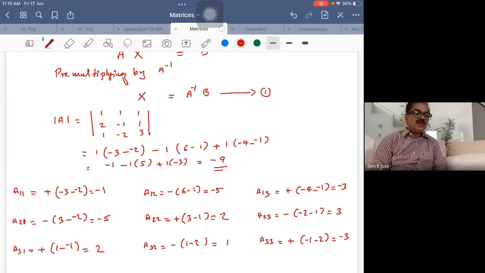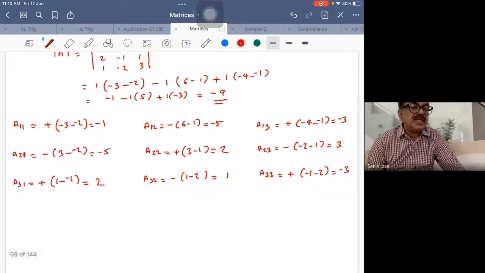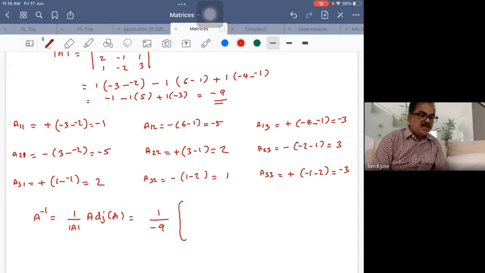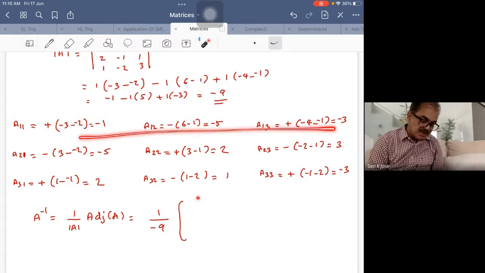Okay, so I finished all the cofactors, and now I'm going to do my A inverse straight away. A inverse is 1 by determinant A into adjoint of A. 1 by determinant A is minus 1 by 9 into adjoint of A. Adjoint of A is transpose of the cofactor.